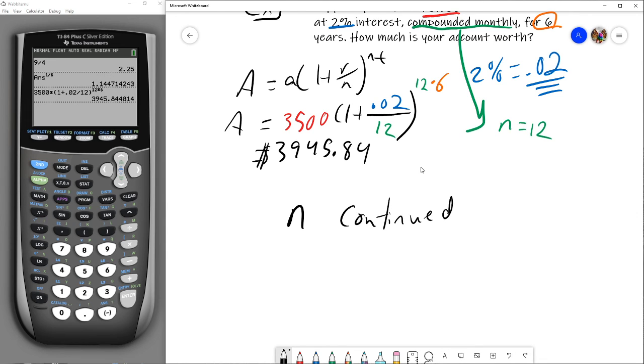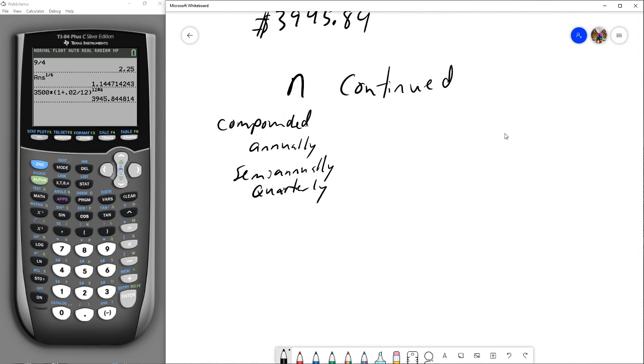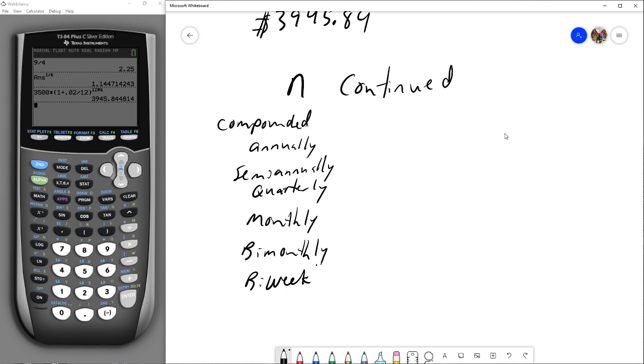So, if you're told that interest is compounded, we'll make a nice table here: annually, semi-annually, let's see here, ooh, quarterly, that's a good one, quarterly, well, oh yeah, we're missing monthly, we could do bi-monthly too, I forgot about that one, bi-monthly, bi-weekly, weekly, and we'll just do daily. So here's what n will equal. Nice table.